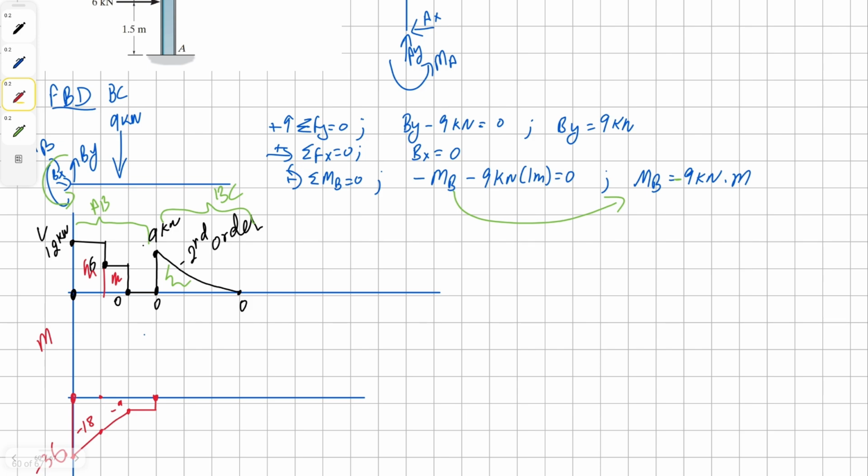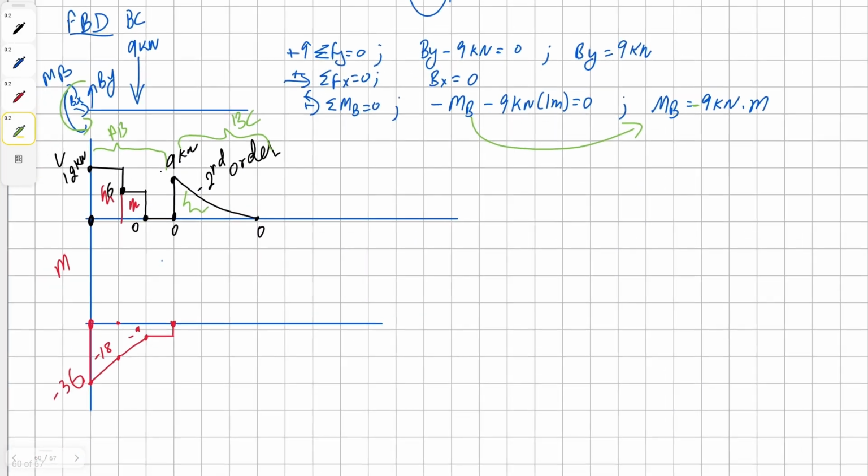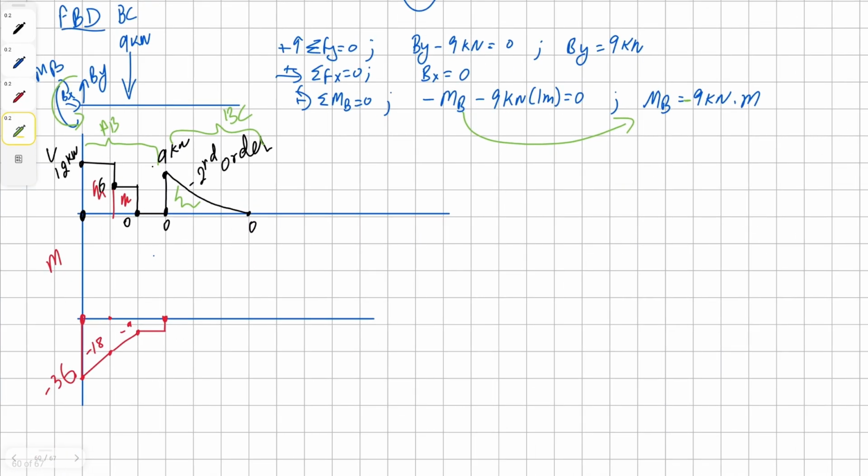Alright, so now that we have that done, now it's time for our second part. For our second part, I'm going to use green color. And we have a counterclockwise moment. That means we're going to go downwards 9. We're going to come down here again, negative 9. And then we have this positive area, which is going to be the area of the spandrel.